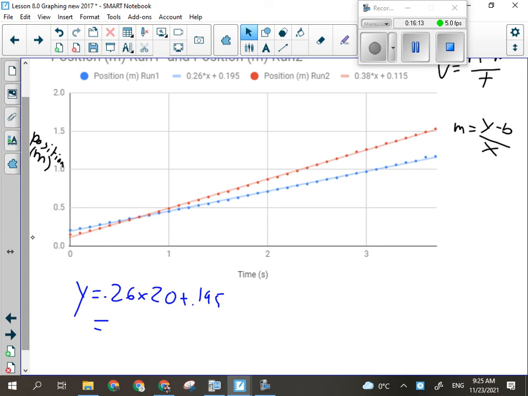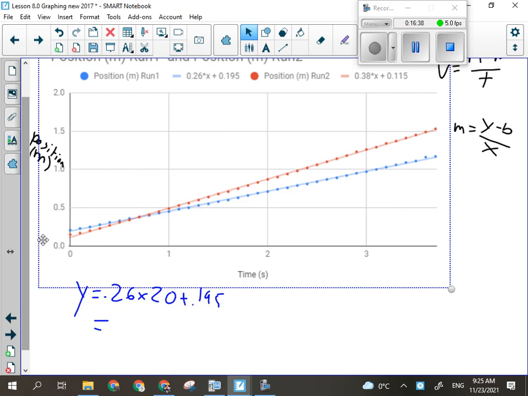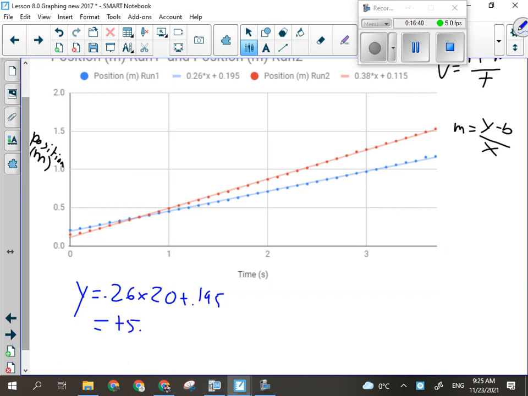So 0.26 times 20 plus 0.195. The final position after 20 seconds for run 1 will be positive 5.4 meters.